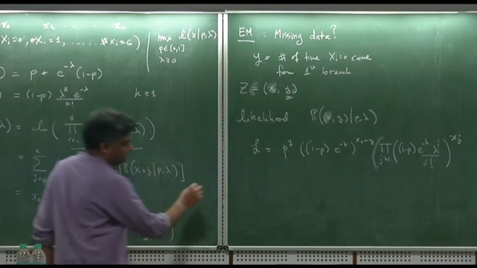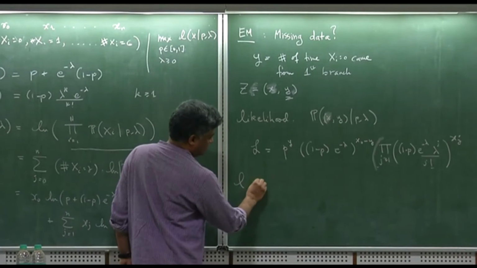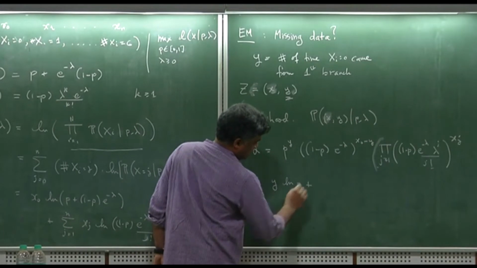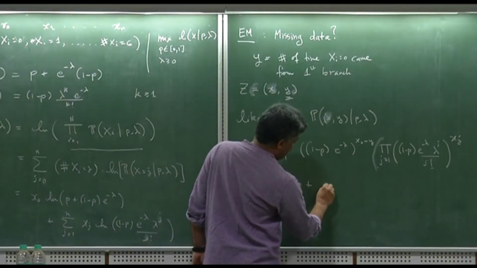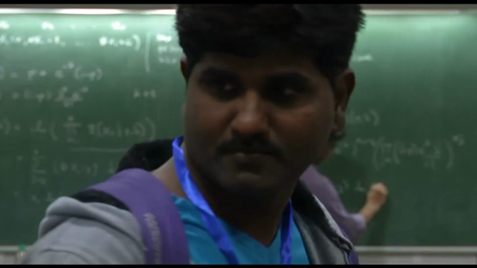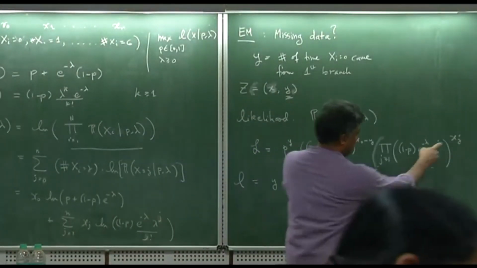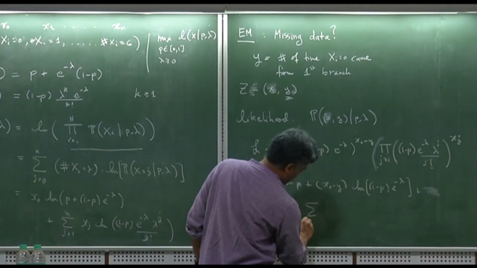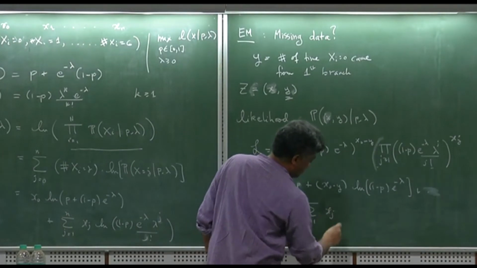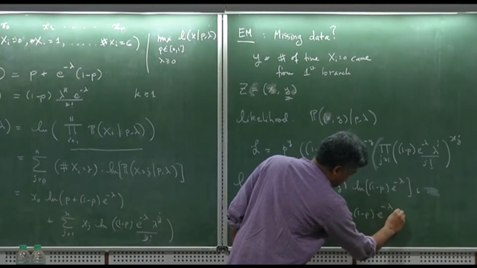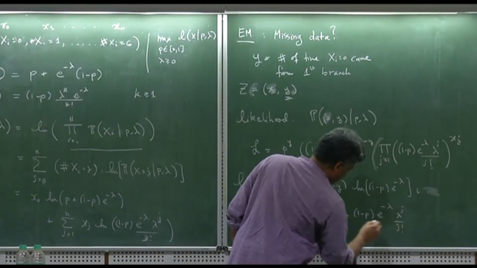And therefore the log likelihood, little l, will turn out to be y log p plus, from here you'll get x0 minus y log 1 minus p e to the minus lambda, plus from here you'll get summation over j greater than or equal to 1 of xj log 1 minus p e to the minus lambda, lambda to the j over j factorial.